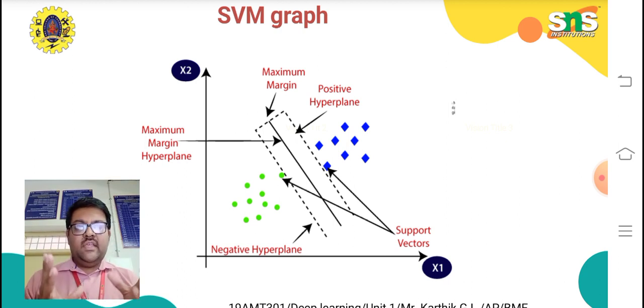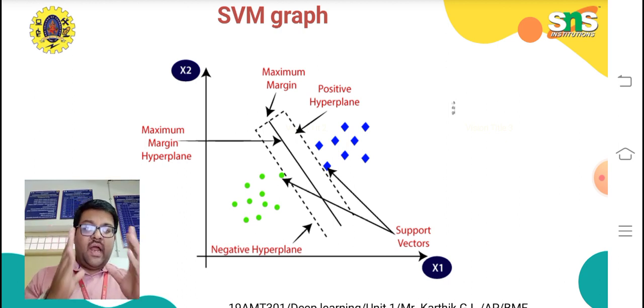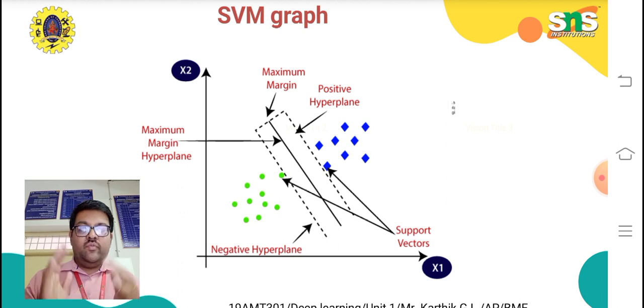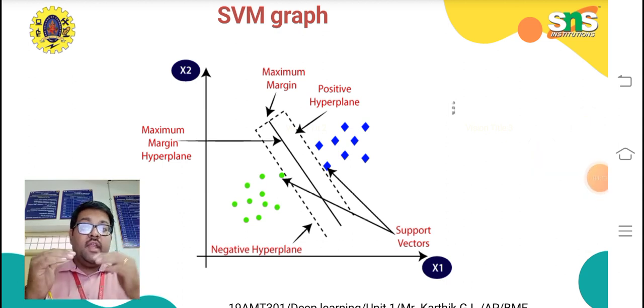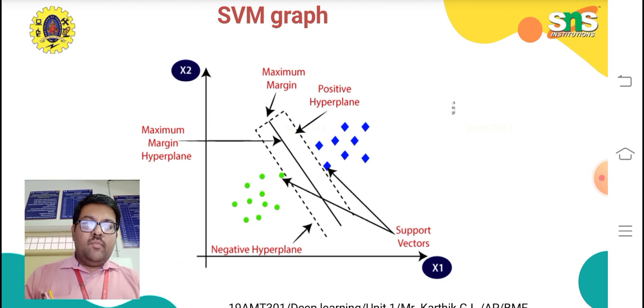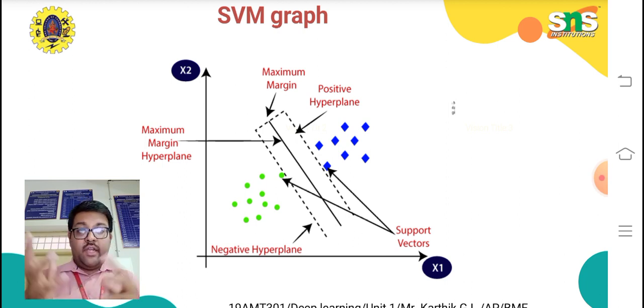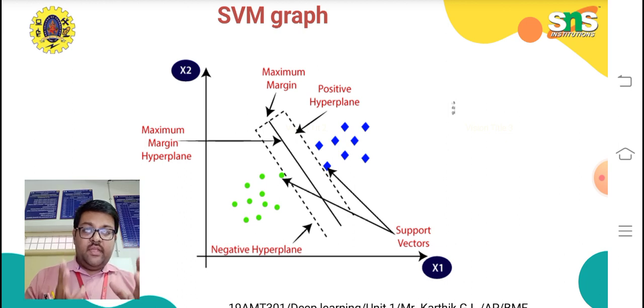Here we can see there is a hyperplane, unlike the perceptron where there were only separating lines. So we can understand from this graph that in SVM we have a positive hyperplane and a negative hyperplane, and the farther apart they are, the better they can separate the two different types of samples.